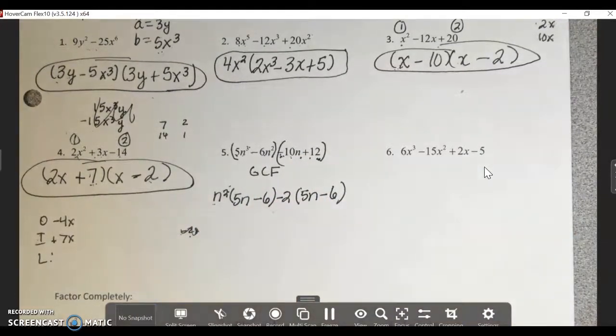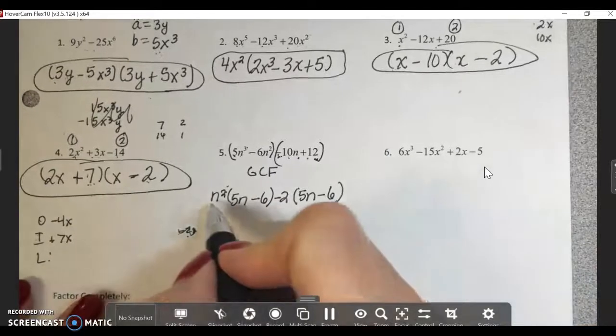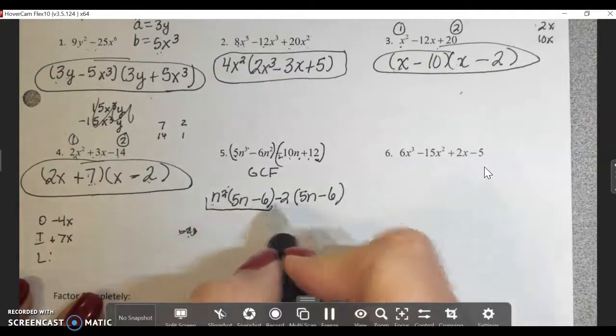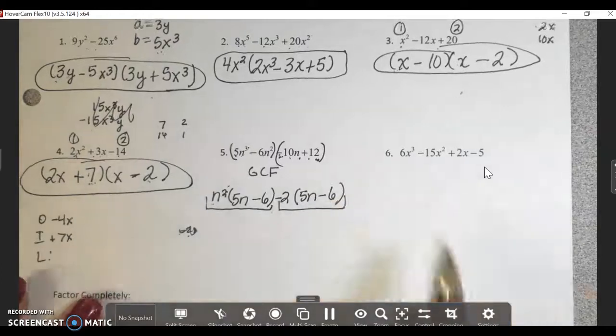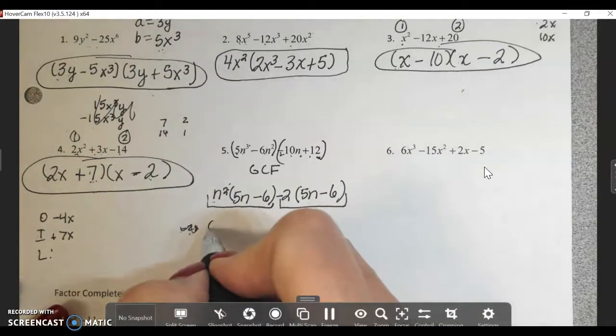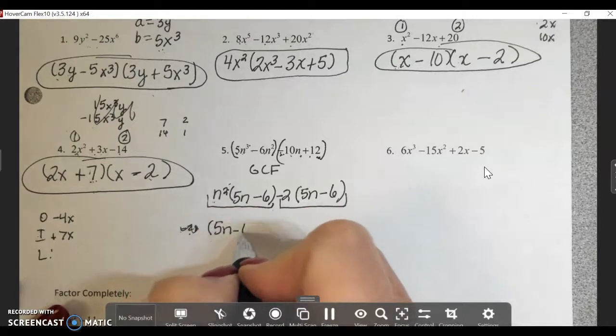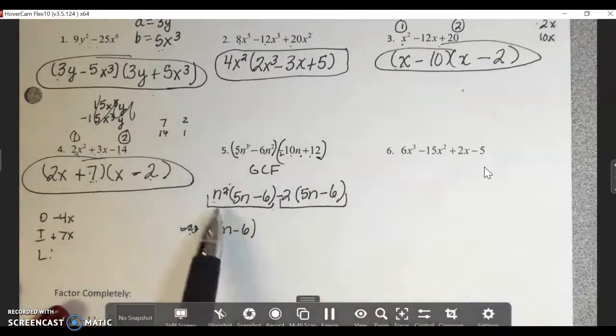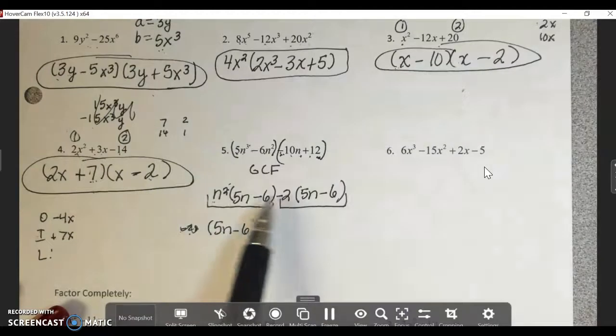All right, now, here's where it gets interesting. I have this term and I have this term. Is there a common factor for those terms? So I can factor out a 5n minus 6. That's what I'm factoring out of each of these two.